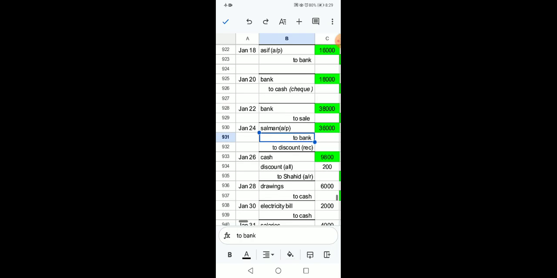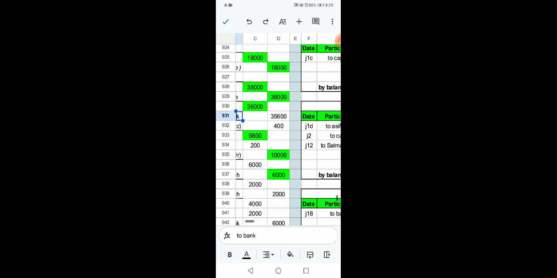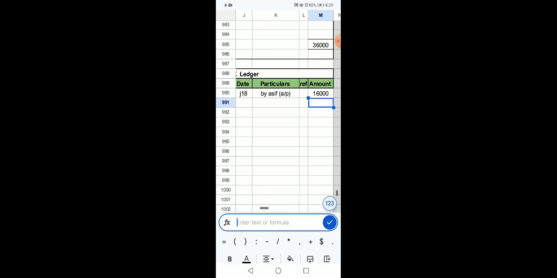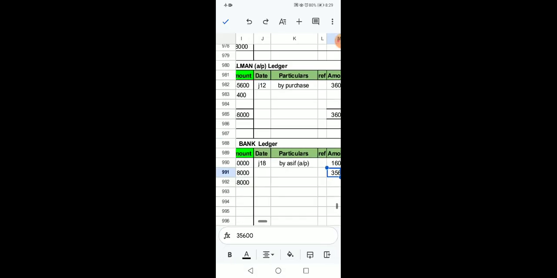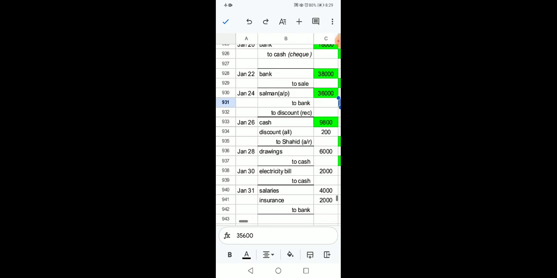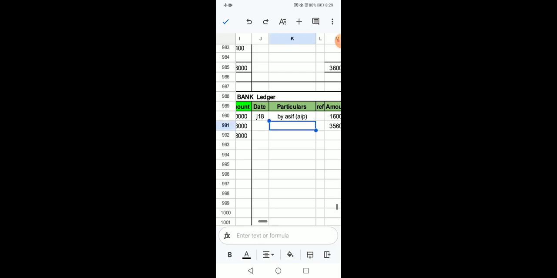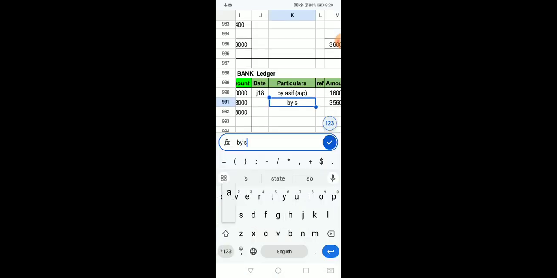Again, in the next entry, bank is present. Bank is credited by 35,600. See what the reference is for 35,600. What is written on the opposite side? Salman, account payable. So we will be writing the name of Salman, who was account payable, as a reference in the particulars column.